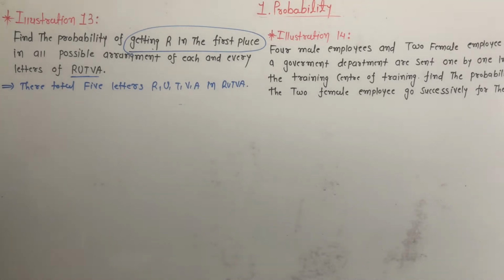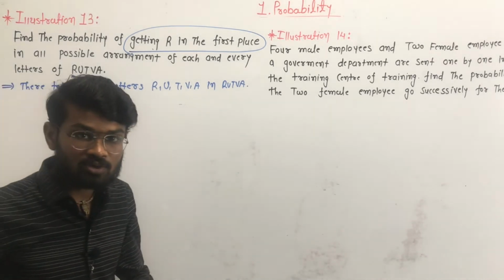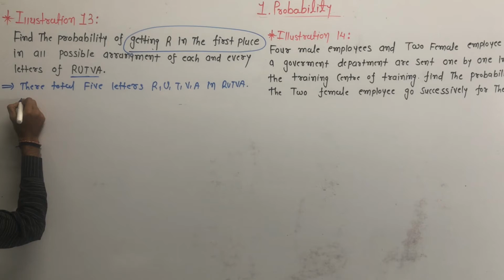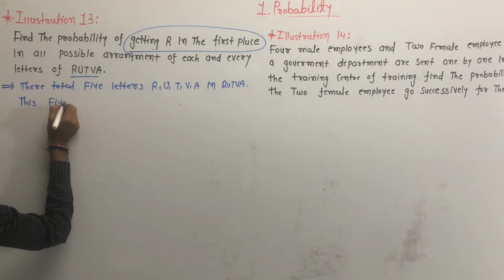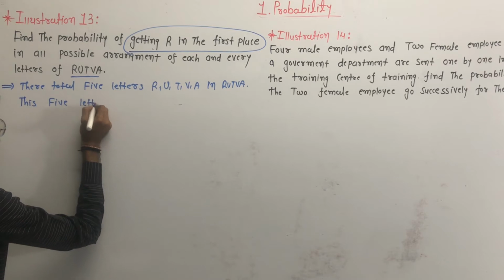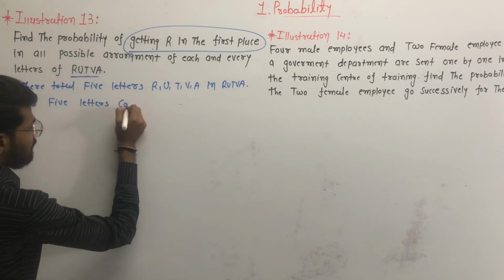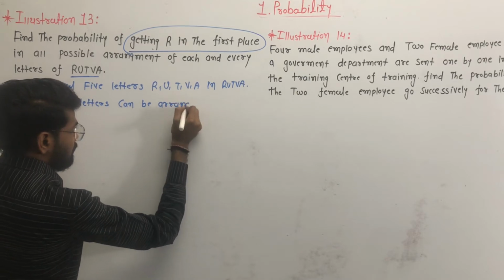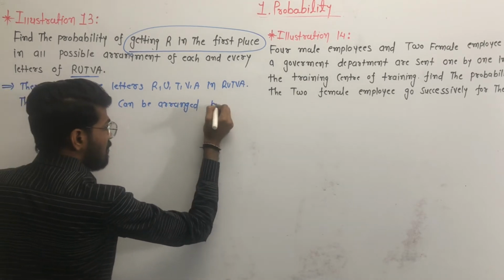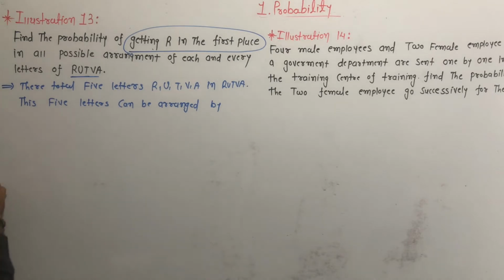So now we have to find our possible outcomes. These 5 letters can be arranged by 5P5.